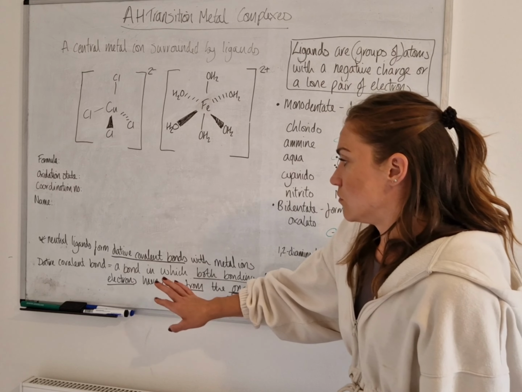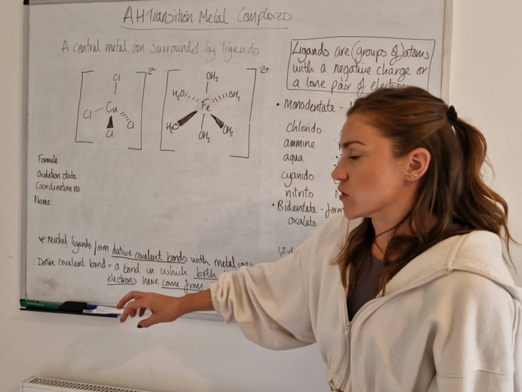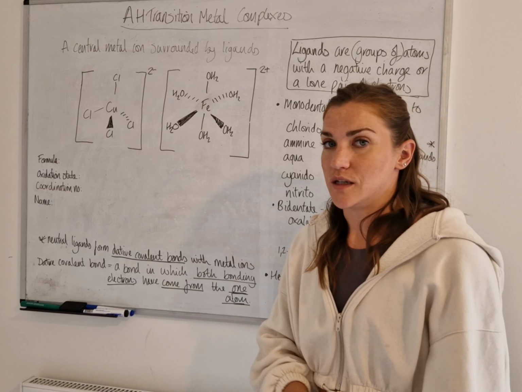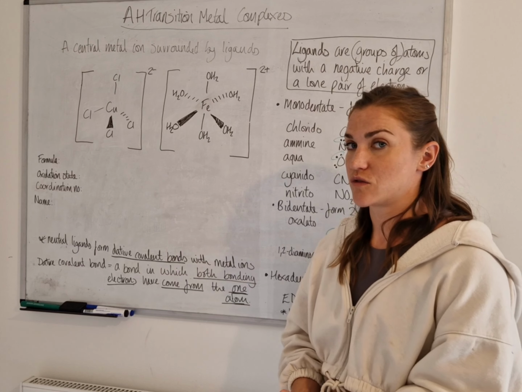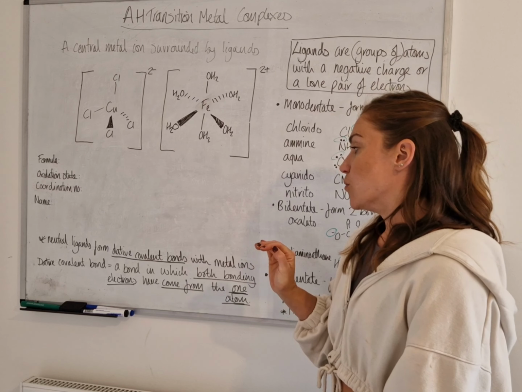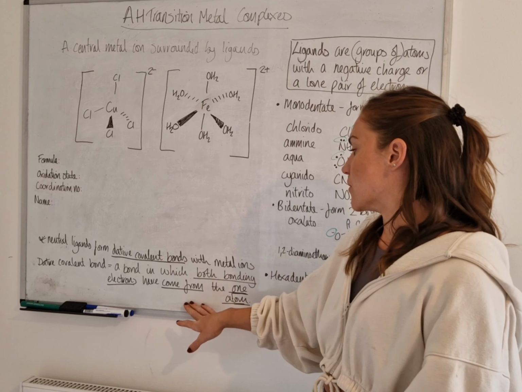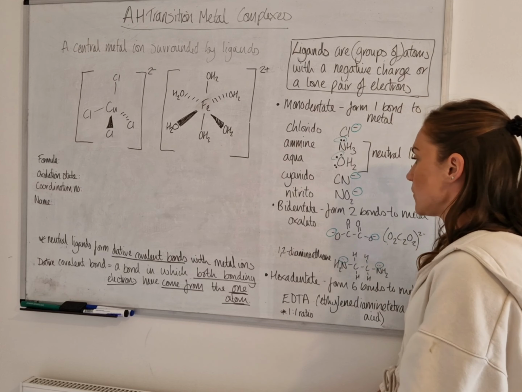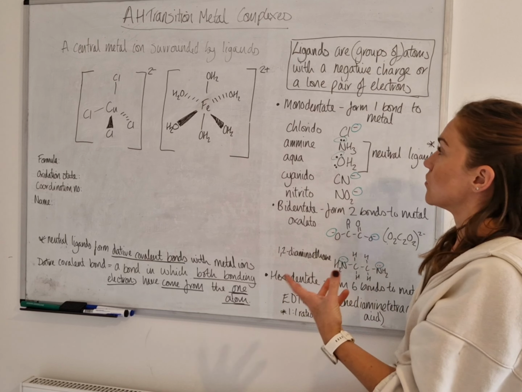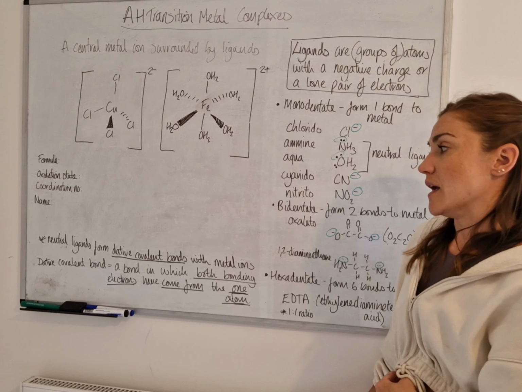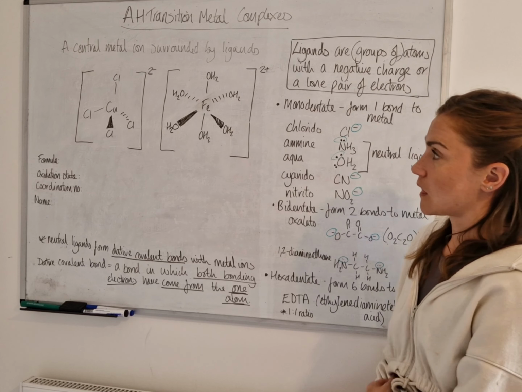So make sure you know the definition of a dative covalent bond, because you will often be asked outright in the exam to state what's meant by a dative covalent bond. So it's where both of the bonding electrons have come from the one atom. So that's how the neutral ligands bind to the metal. They donate a lone pair of electrons in order to form a dative covalent bond.